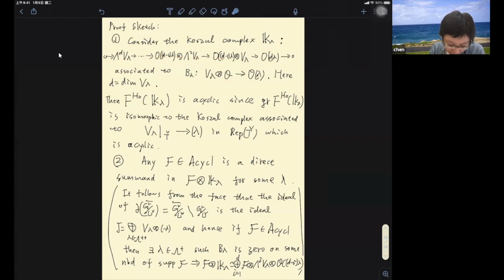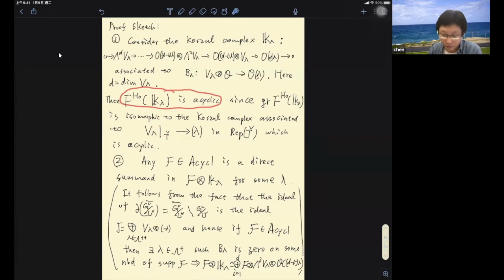To check this, you can pass to the associated graded, which is a complex in representations of T check. That is nothing but the Koszul complex for this canonical map, and it's known that this map is cyclic.